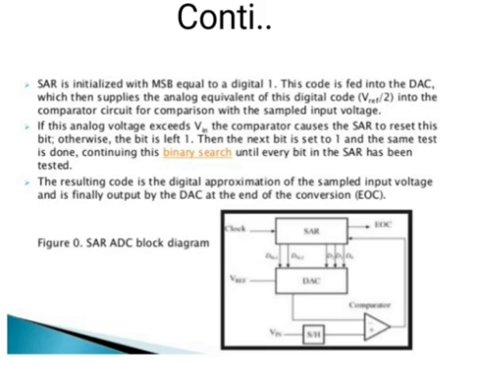So this figure shows the SAR ADC block diagram, where the clock is given to the SAR block. The output of this is end of conversion. Then d0, d1, dn-2, dn-1.